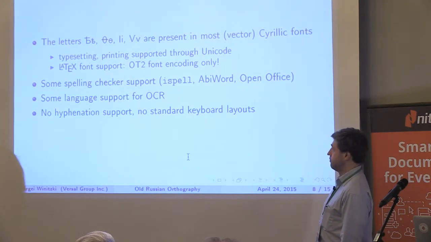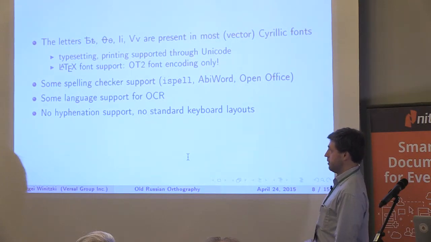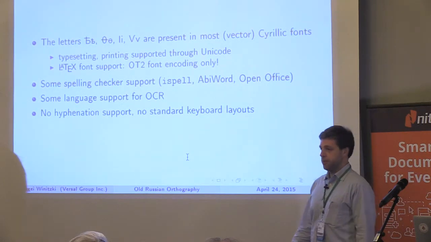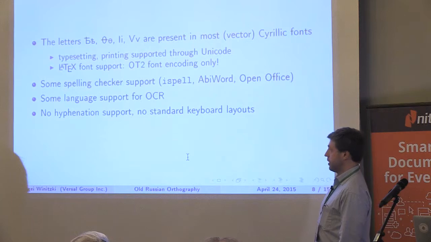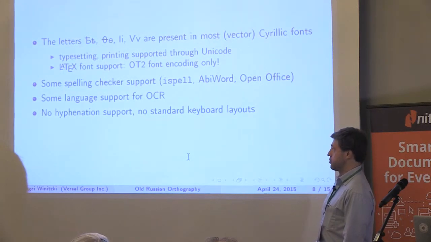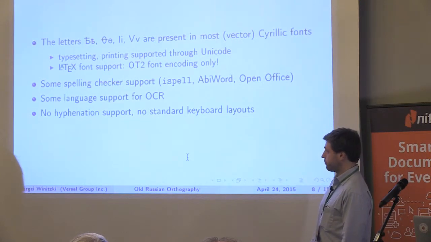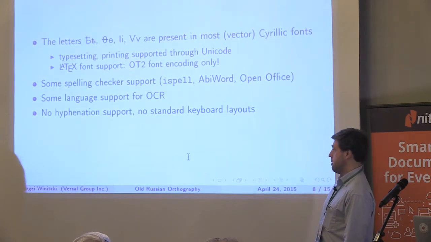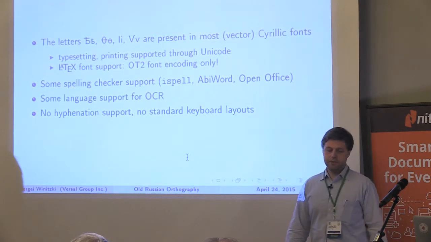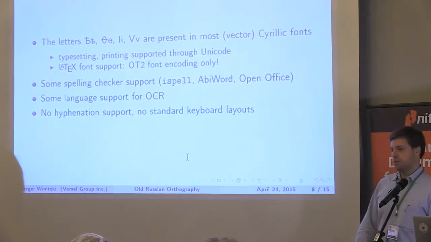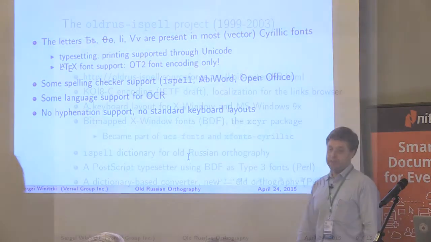OpenOffice has support for that, I believe, but it's not a standard part of the package. There are some commercial programs that can do optical character recognition in this orthography, FineReader. But there is still no support for hyphenation as far as I know, and there are no standard keyboard layouts that you can install today if you wanted to prepare text.